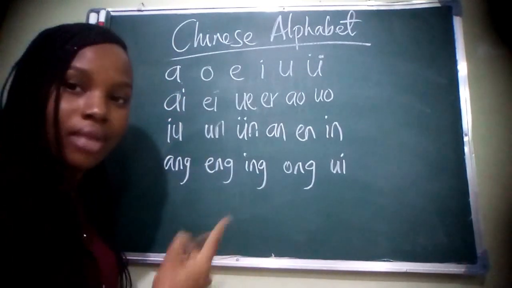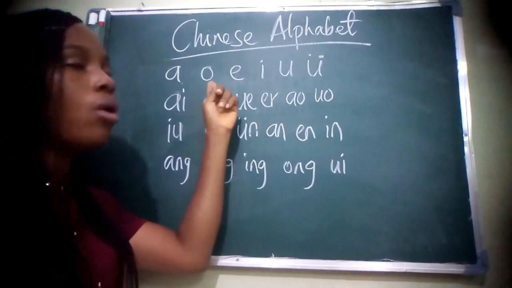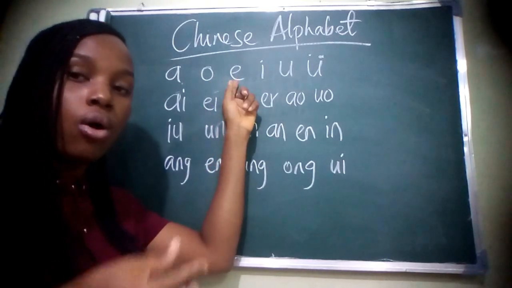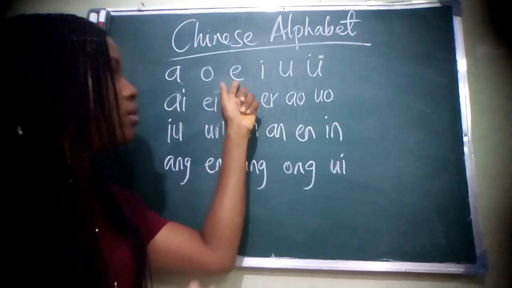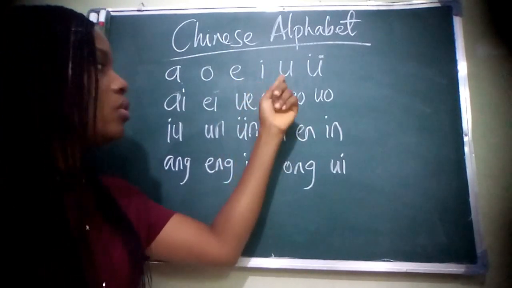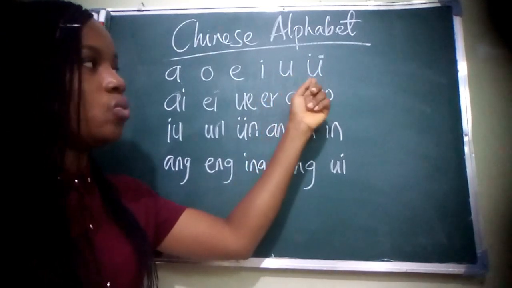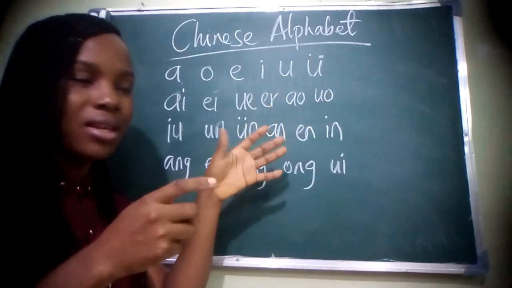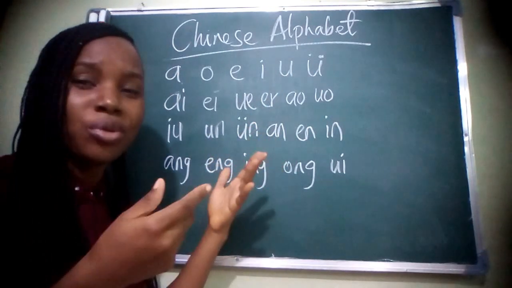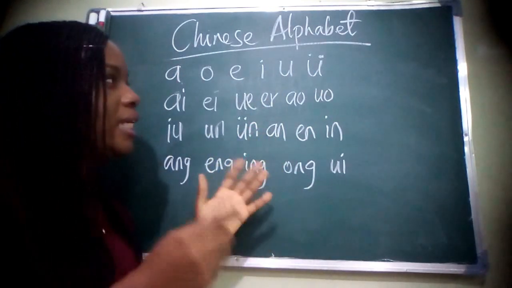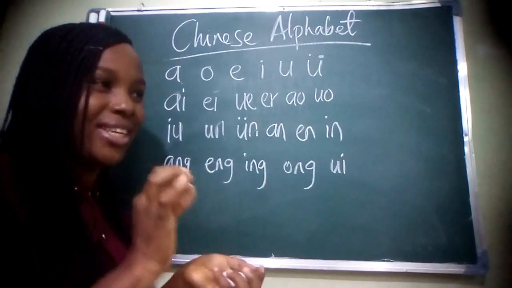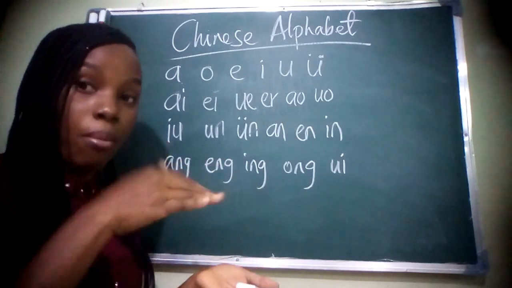Like the normal in English. O, but this is like you're almost saying O and E. But this one is a bit, I don't know the word to use for it, but it's like you're trying to say ew, but you're not quite saying it completely.